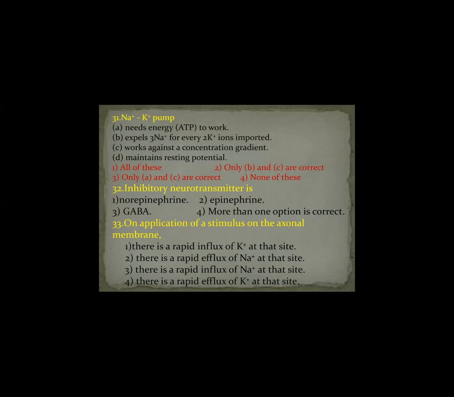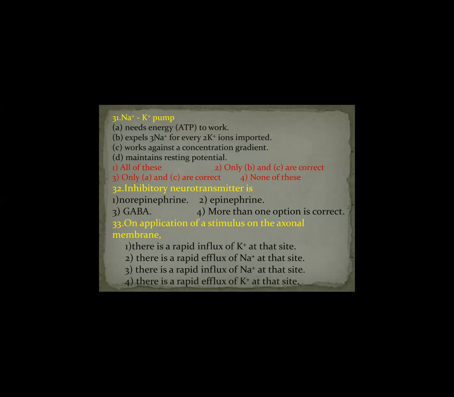What is resting potential? The electrical potential difference on either side of the axolemma during the resting state is called resting potential. That means the outside of the axonal membrane is positively charged and the inside is negatively charged. Why is the outside positively charged? Because of the presence of more sodium ions.